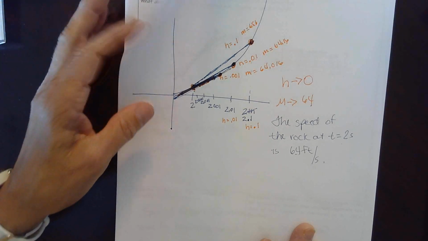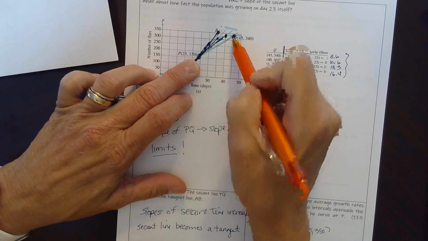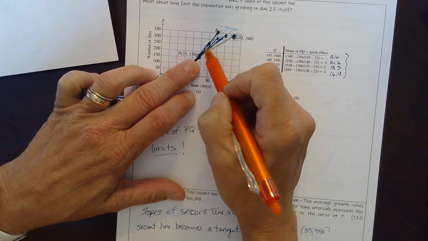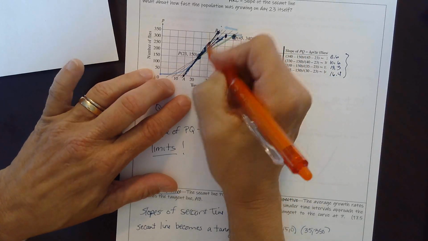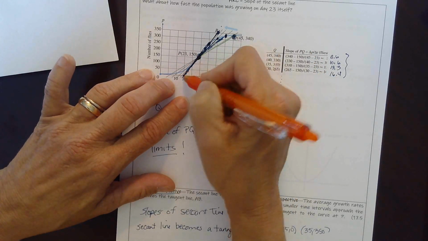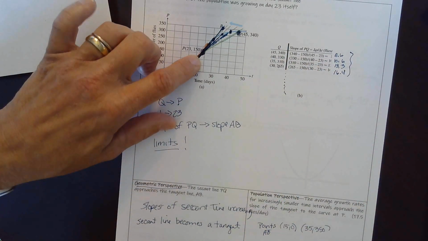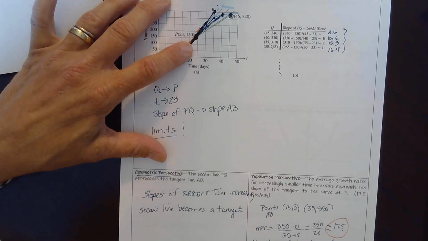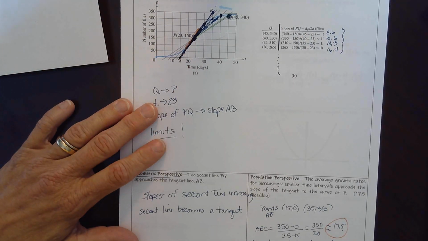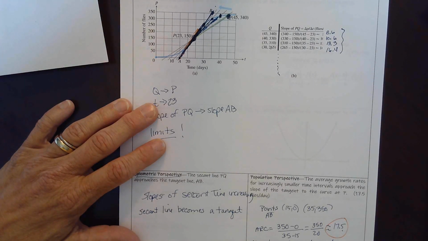For the fruit fly population, the secant line, we kept moving this point along the curve until ultimately the secant line becomes the tangent line, and the slope of that tangent line, 17.5, is the growth rate of the population of fruit flies on day 23.